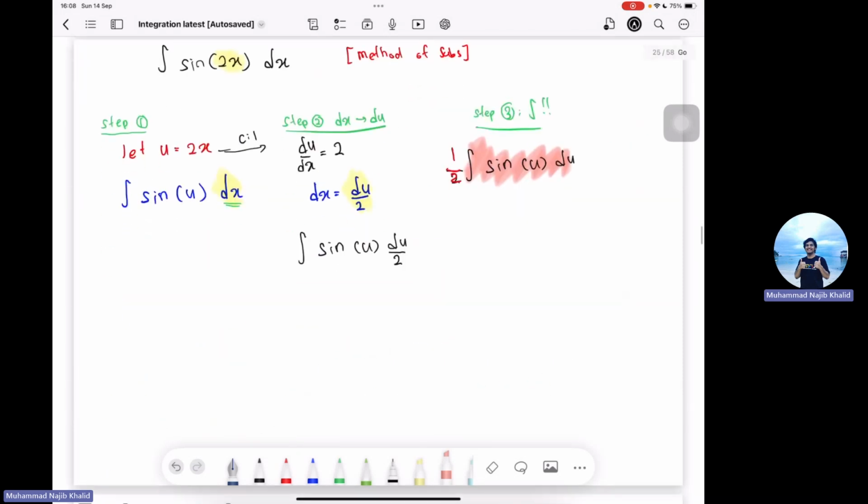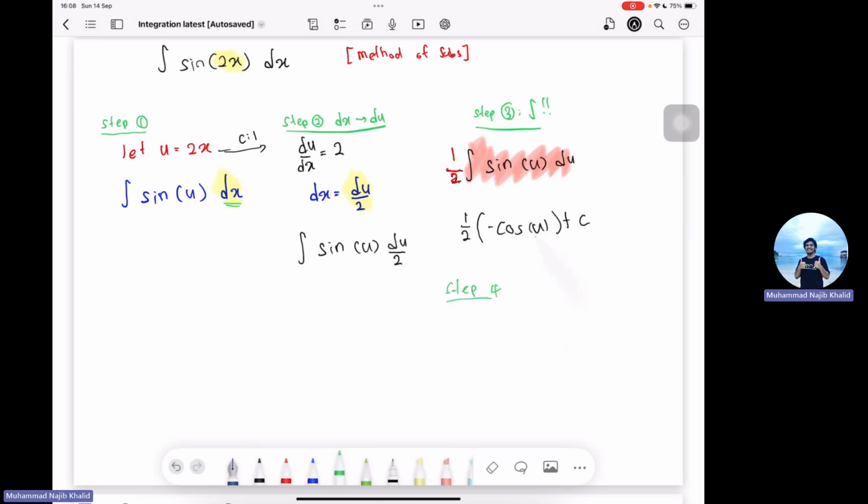So in this example, the answer of the integral becomes 1 over 2 in brackets negative cos u, plus c.